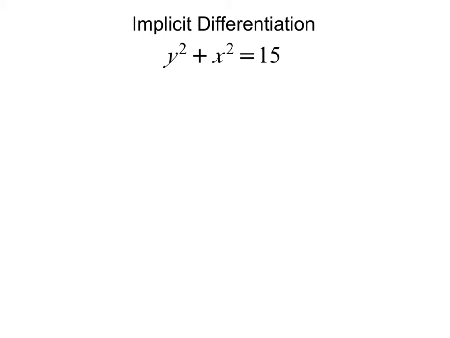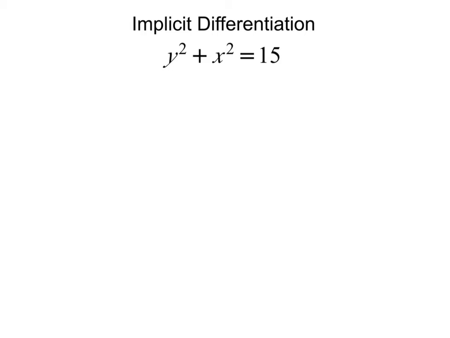So I want to go back to the idea of implicit differentiation before I introduce today's totally new concept, because there's a little bit of subtlety in what we've been doing that we haven't necessarily thought that much about, especially because of some of the ways we've tried to make our lives a little bit easier.